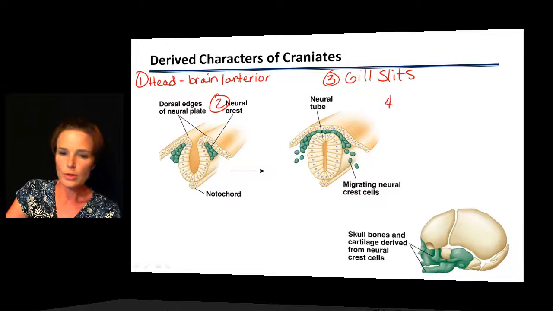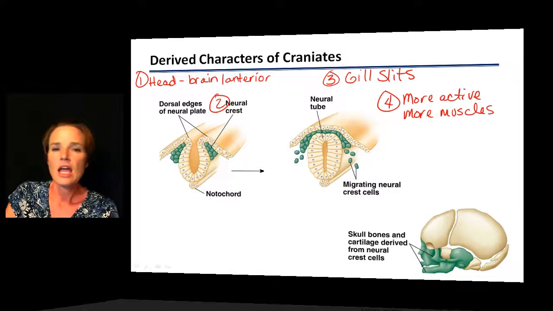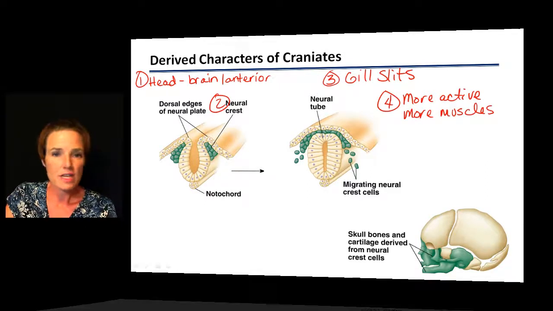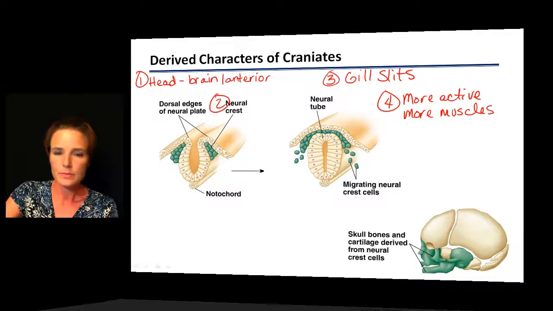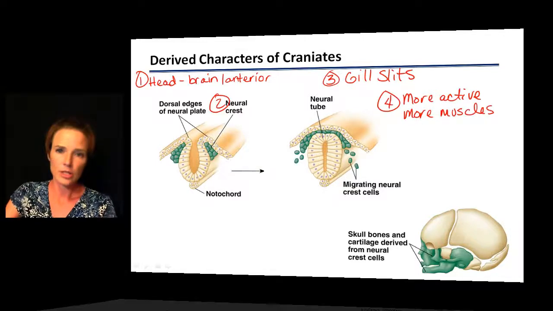Lastly, we're going to have them be more active. They're going to have more muscles, which is going to go along with this, and they're going to have things like heart, kidney, structures of that nature associated with them. So overall, a lot of additional structures that we didn't have in the earlier groups.